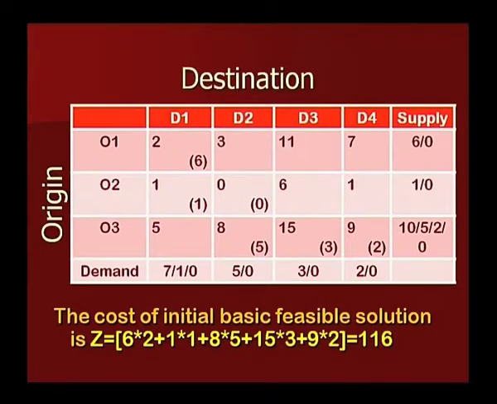The cost of the initial basic feasible solution is obtained as Z equals 6 into 2 plus 1 into 1 plus 8 into 5 plus 15 into 3 plus 9 into 2, that is equal to 116.